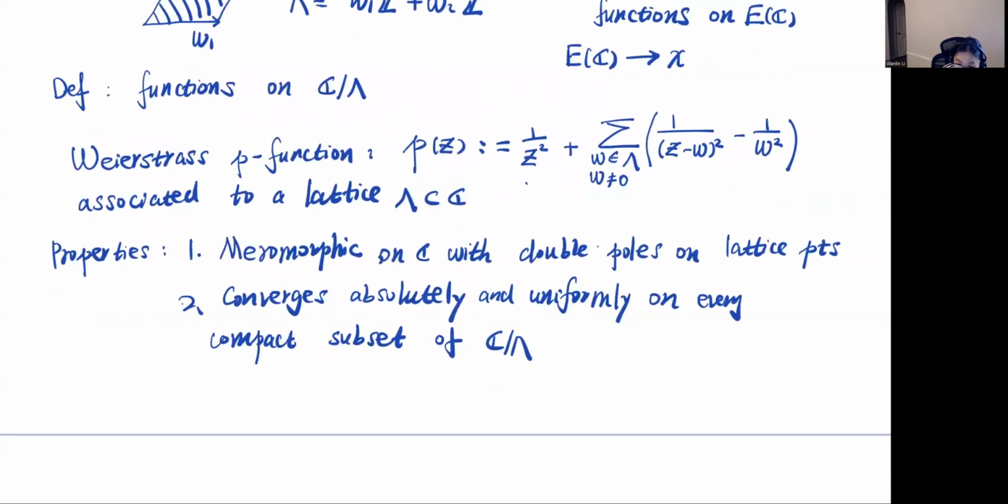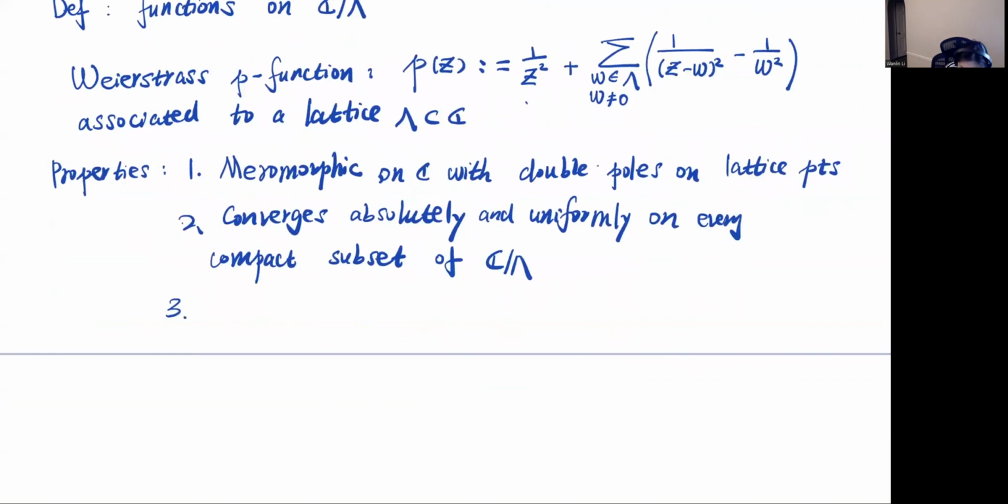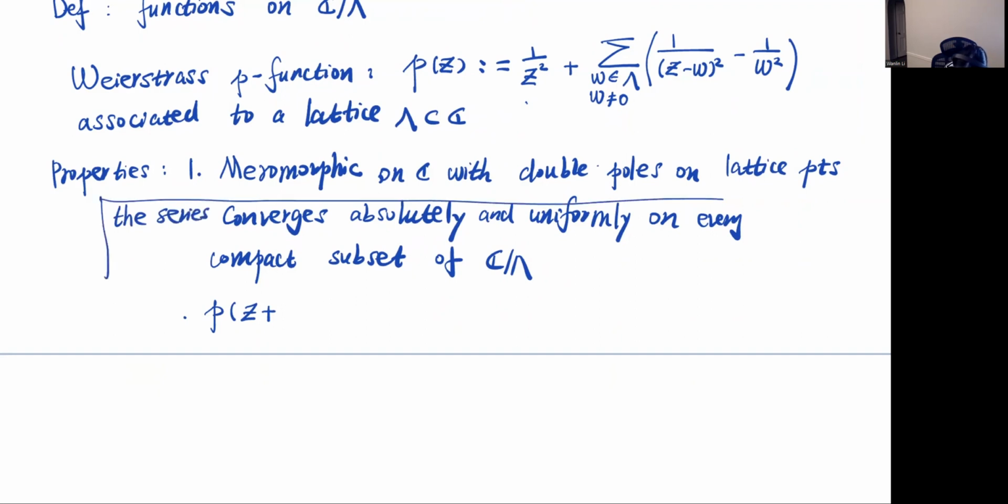The most important thing is that it is invariant under translation by a lattice point. The second property is just saying that the function is well defined, essentially.